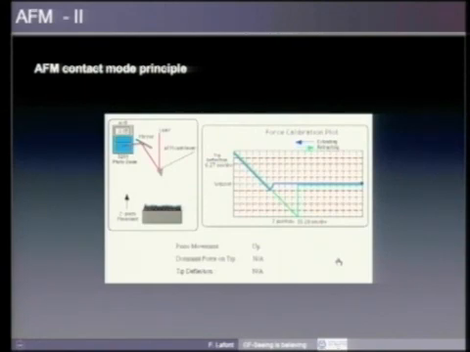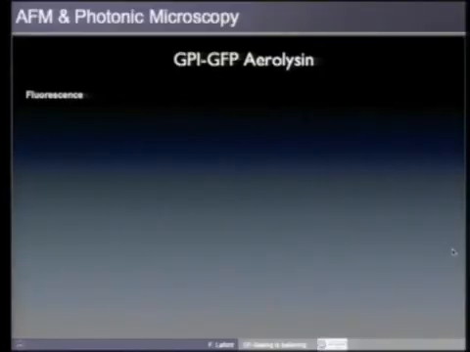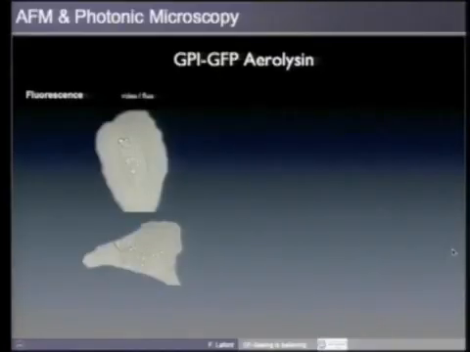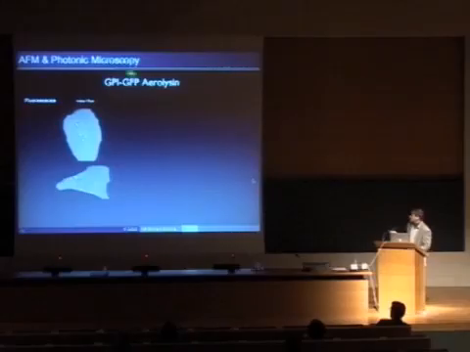So using this mode, which is called contact mode, you can gain a lot of information that I will illustrate on the following slide. So here we have two cells. In these cells, we overexpressed GFP protein coupled to an anchor to the glycosyl phosphatidyl inositol moiety.